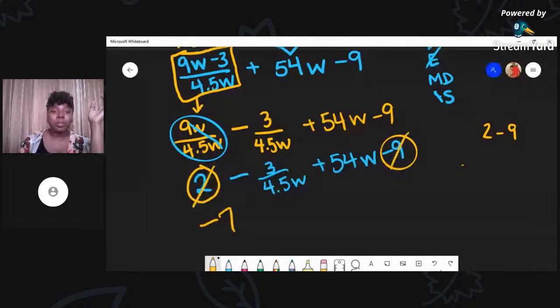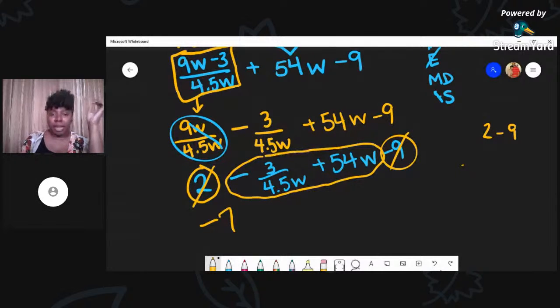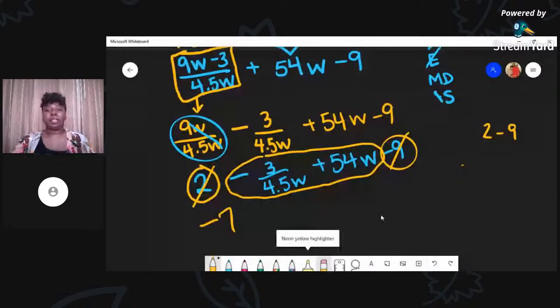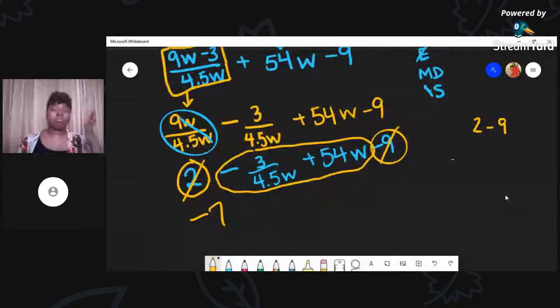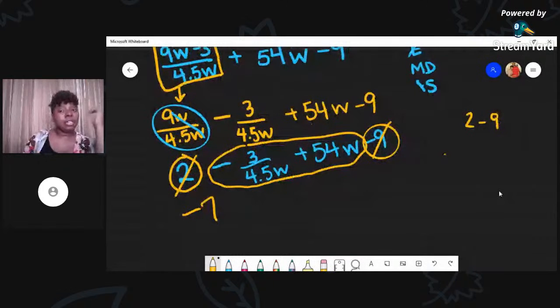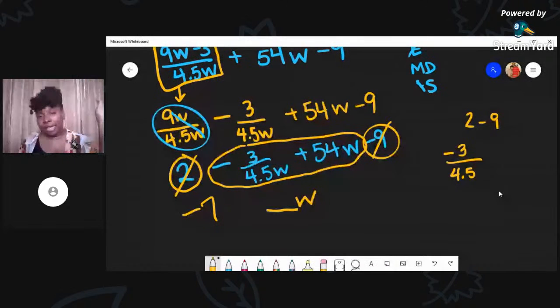Now I just want to focus on this ugly stuff right here. The way we deal with a fraction, you can reduce this. 3 does go into 4.5, but it really doesn't matter. It's still going to be ugly. We know we're going to end up with something W. Let's put that. We don't know if it's going to be a plus or a minus yet, so we're not going to write that yet.